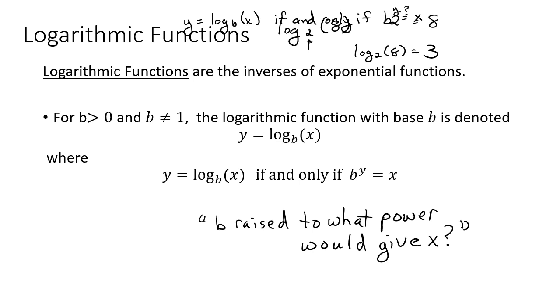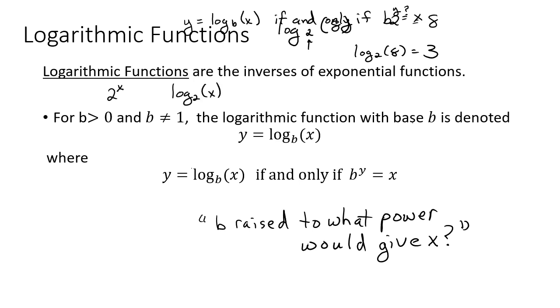This also brings home the fact that logarithmic functions are inverses of exponential functions as well. So consider two functions, the exponential function 2 to the x power, so base 2, and the logarithmic function log base 2.